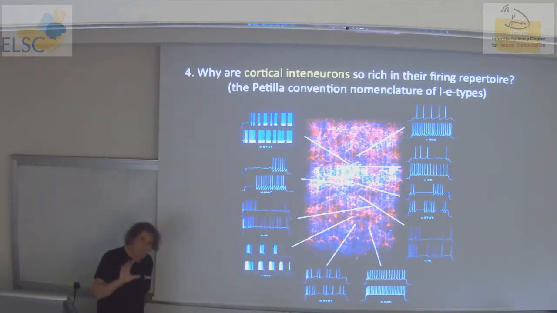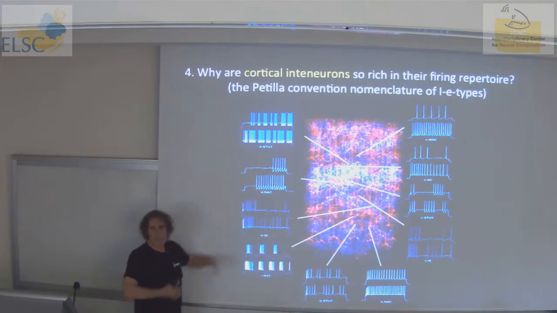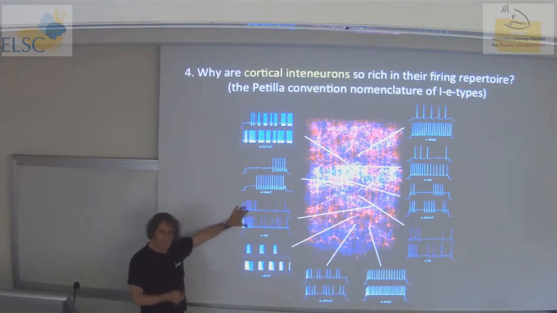Excitatory cells are relatively dull in their firing properties. Inhibitory cells tend to have a very rich music of firing. Why do you put in such a small percentage of cells the richness of firing capabilities, meaning different ion channel types?